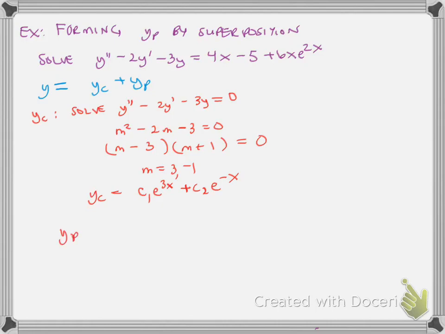But notice what's going on. We have a linear function in there, and then we have this exponential function, x e to the 2x. In terms of forming, what we call forming by superposition, we put those together.